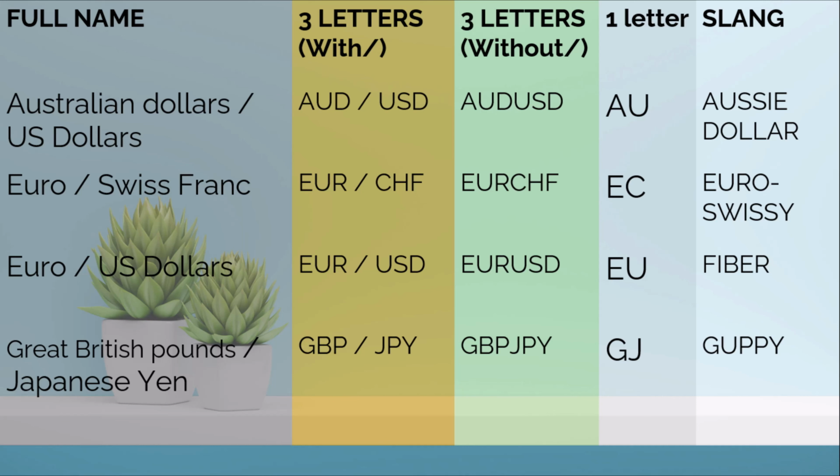If you want to write Euro CHF, you say EC. So it means EC can be Euro CHF, it can be Euro CAD. So many times you might just want to adopt the 3-letter code. You find a lot of people adopting the 3-letter code like AUD USD, Euro USD, GBP USD, Euro CHF, GBP JPY, and the likes.